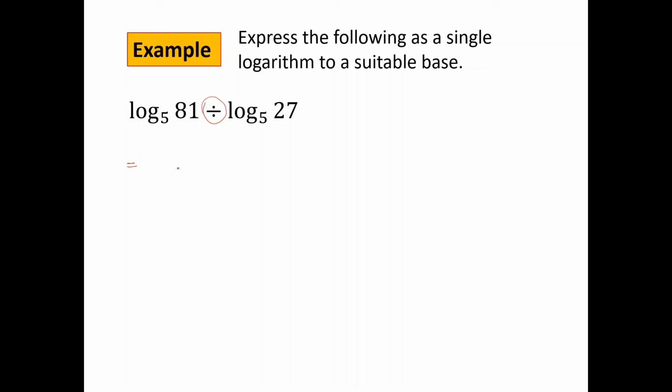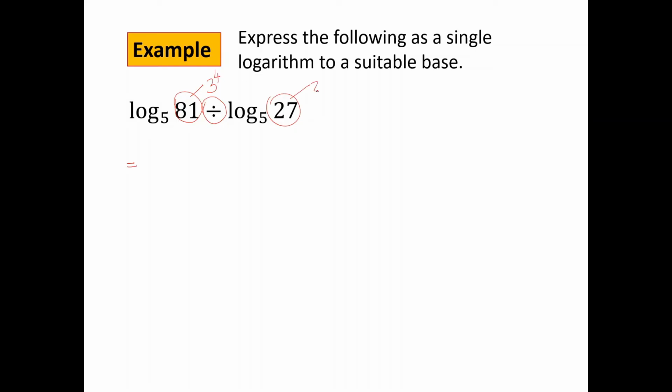So we have to think what is the suitable base to be used for this solution. So now take a look at 81 and 27. Both of them are multiples of 3. So this one, 81, is 3 to the power of 4.